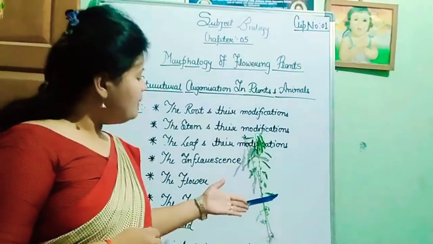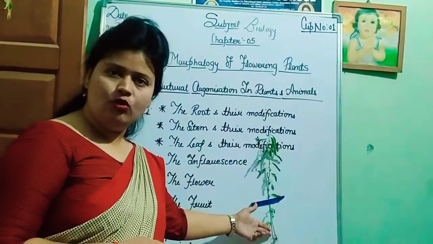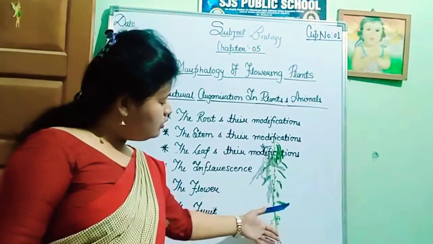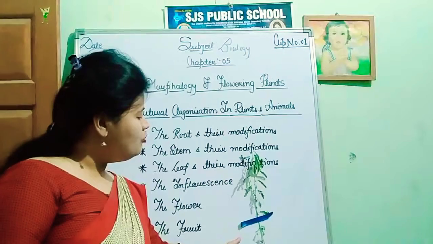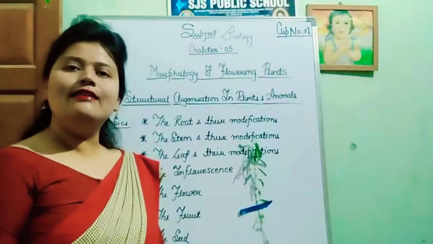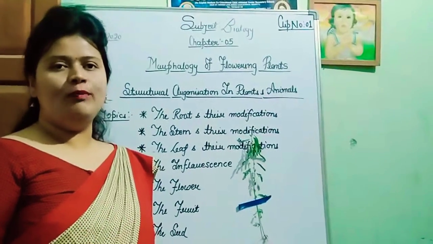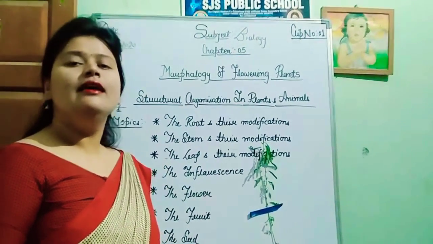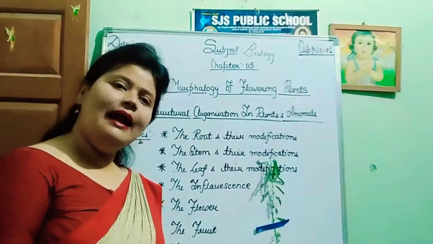This is the primary root or main root, which differentiates into secondary roots, and then the secondary roots differentiate into tertiary roots. They help in the storage of food materials and respiration, and also provide mechanical support to the plant body.